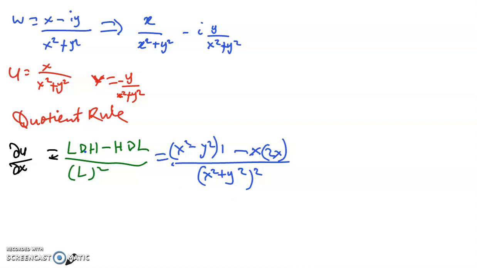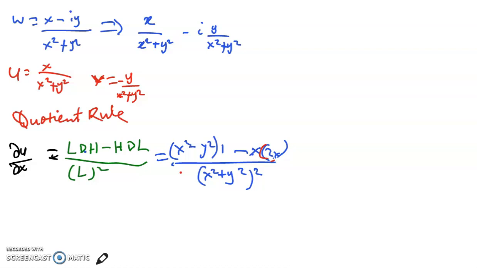The derivative of that is nothing but 2x, and that's why we have 2x here. Now divide all this through. This is x, 2x.